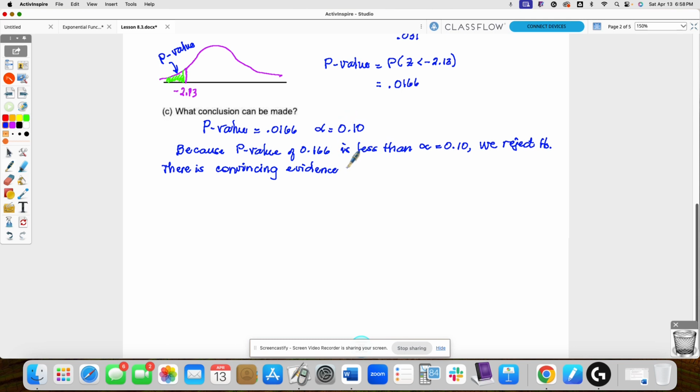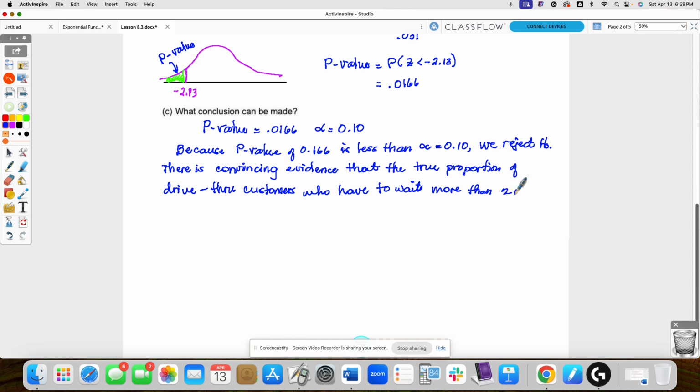That the true proportion of drive-through customers who have to wait more than 2 minutes is now less than 63% or 0.63. Okay?